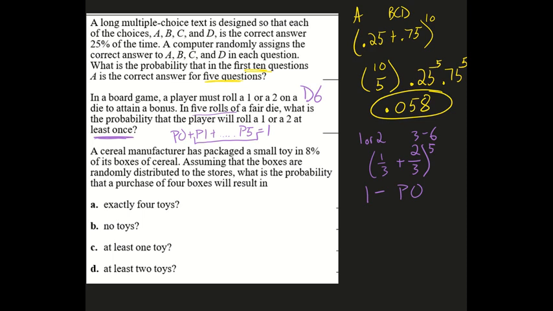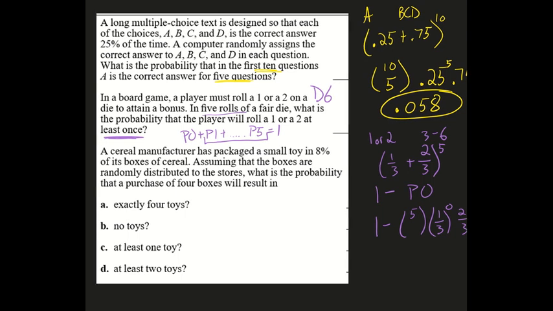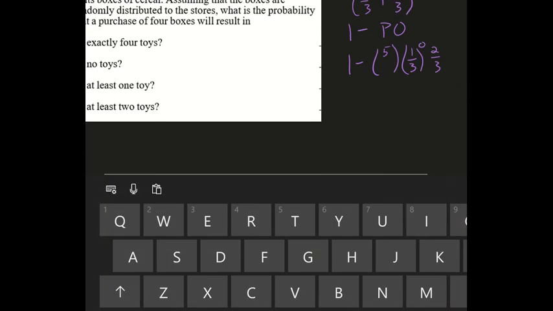Okay, so with this, we'll do 1 minus, and then it's 5, and then we've got 1/3, and then we've got 2/3. So 1/3 is to the 0 power because we're looking at the probability of 0 1s or 2s. So that means there are 5 not 1s or 2s. So that is being raised to the 5th power, and it's 5C5.